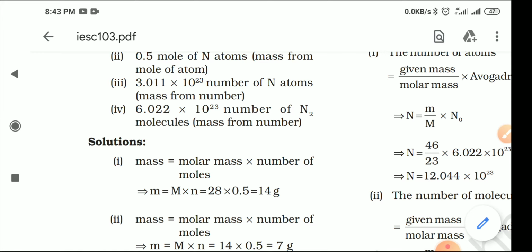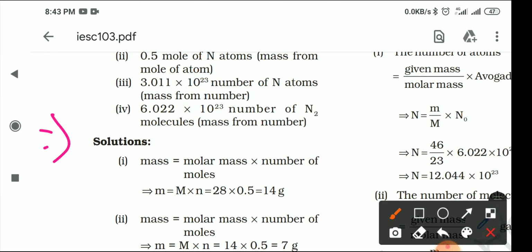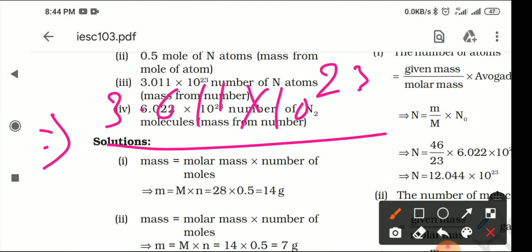Here, what has been given to you? It is a number. Whenever we are talking about numbers, it should be divided by Avogadro number. So this is 3.011 into 10 to the power 23, divided by Avogadro number, which is 6.022 into 10 to the power 23.